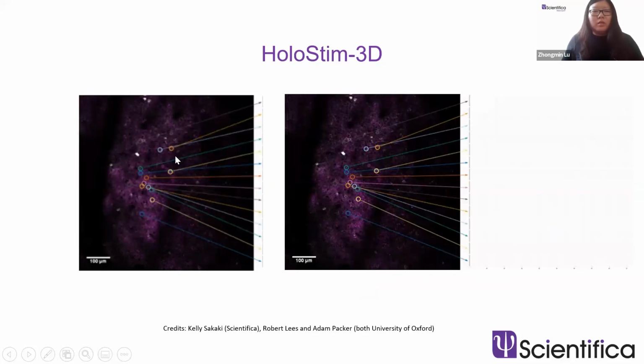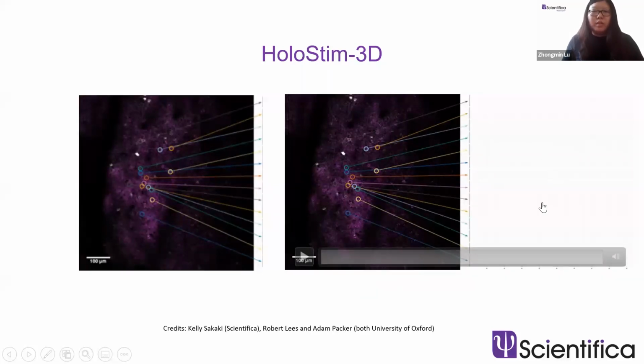We randomly selected a couple of neurons expressing both C1 and GCaMP. And these traces show you how these selected neurons respond to the holographic photostimulation.